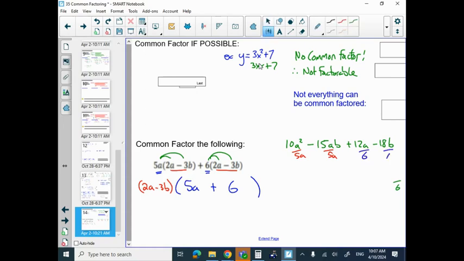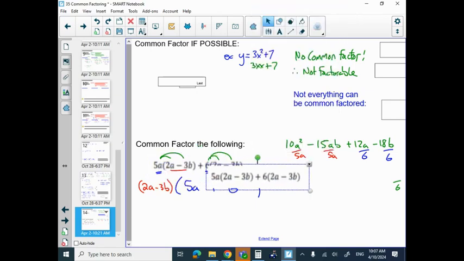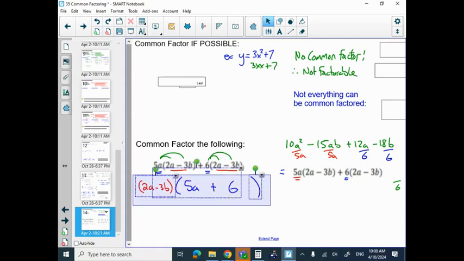It's called factoring by grouping. Not really going to focus on it as much in this course, but I just thought you'd be interested to see that if you did that, this would factor out on this guy. That would give this as your next line, right? Where the 5a pulled out and the 6 pulled out. And then you'd notice the common factor of the 2a minus 3b, and it would give the final line the same as this.